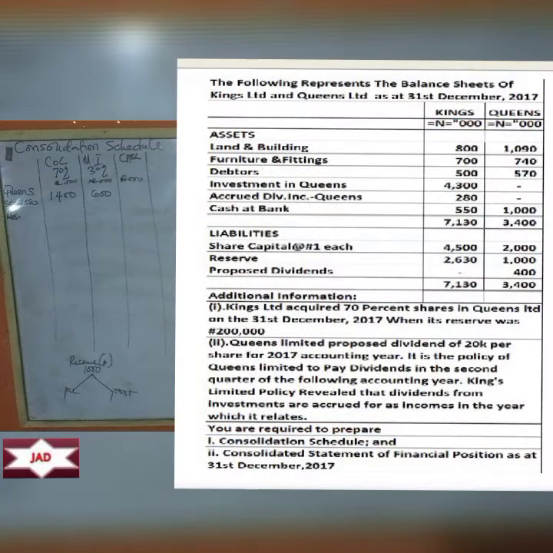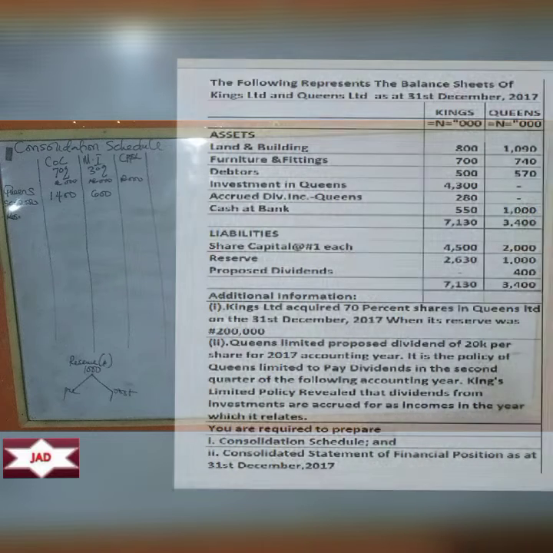So what's the pre item then? Acquired at the first matter, when its reserve was 200,000. So we have 200, so this will be 800. So it will be times 0.7, and minority interest will be times 0.3, right?